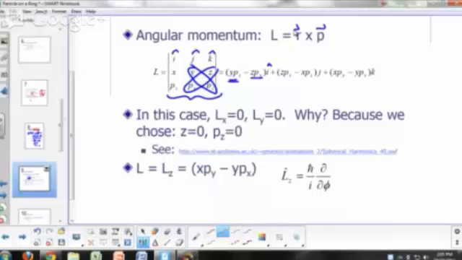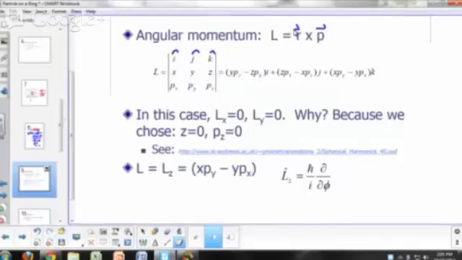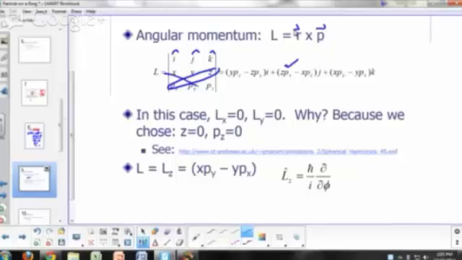To get the y component, you multiply z and px, minus x and pz. That would be the y component of your angular momentum vector, so this is j hat, the unit vector along the y-axis.